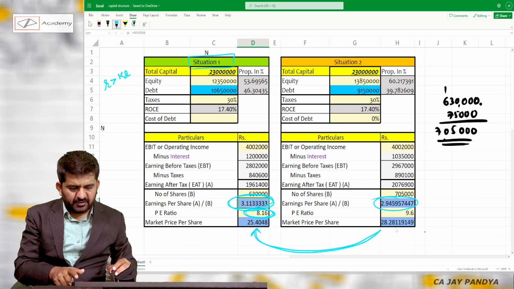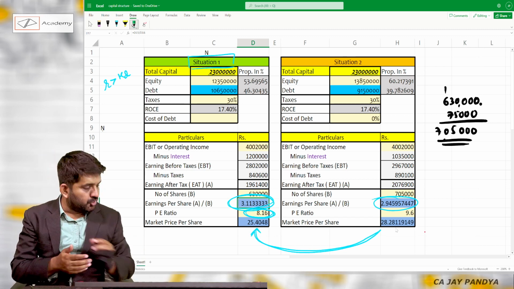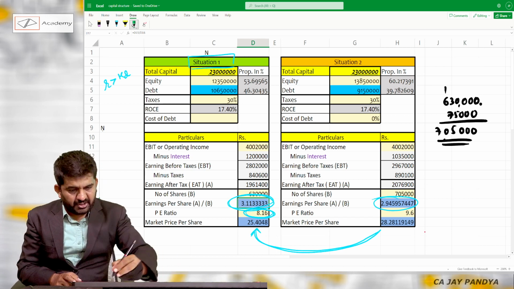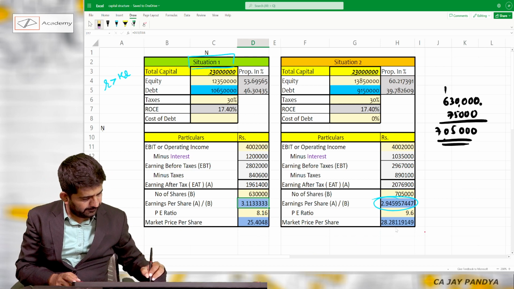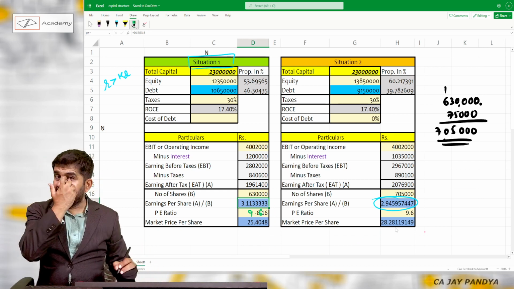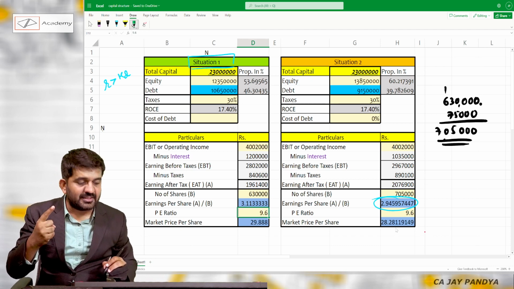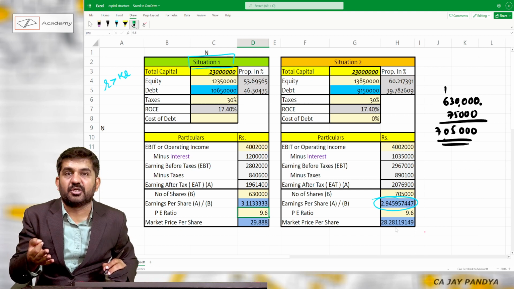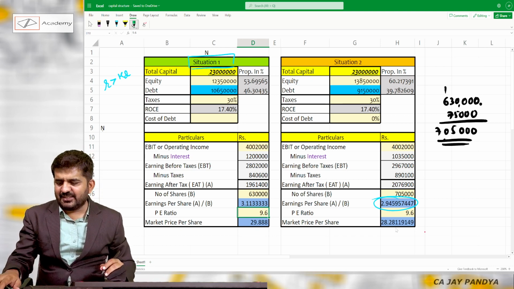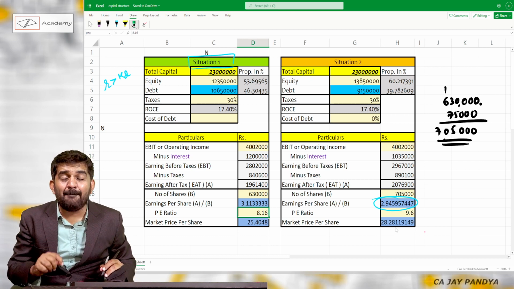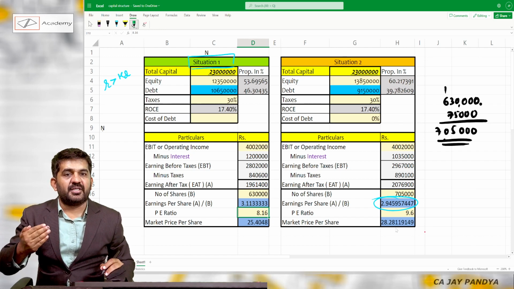Believe me, if there was no change in PE ratio, let me take 9.6 over here, the answer in situation number 1 will be higher. But because there is a change in PE ratio, MPS in option number 2 is higher, because in option number 1 the PE ratio is reduced.